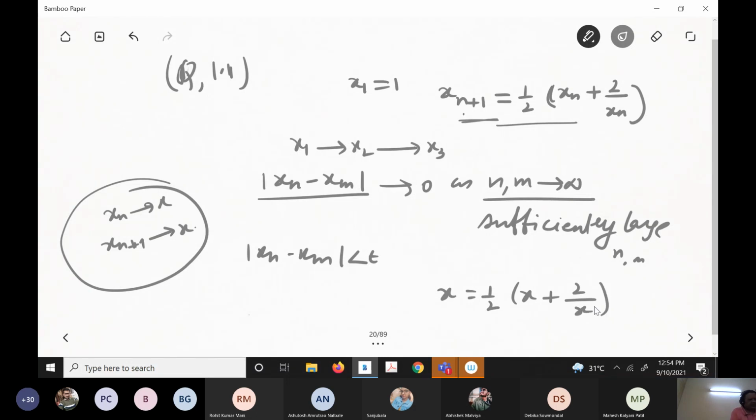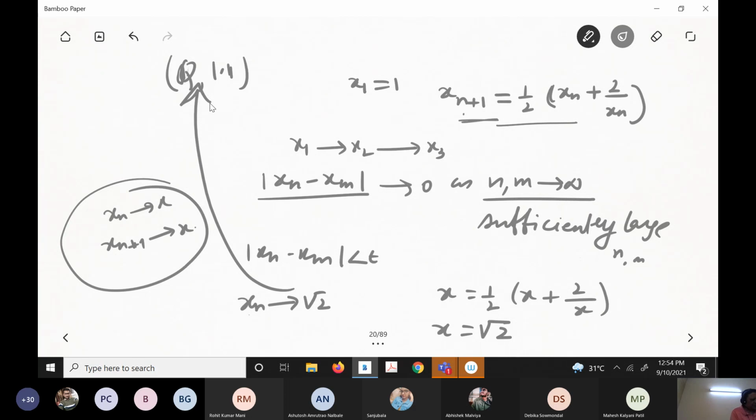We can solve it, and you will get x equal to root 2. That means x_n is actually converging to root 2. But root 2 is not here, because root 2 is an irrational number. Since they are getting close to root 2 after a while, they will be close to each other. But the thing is, root 2 is not here.